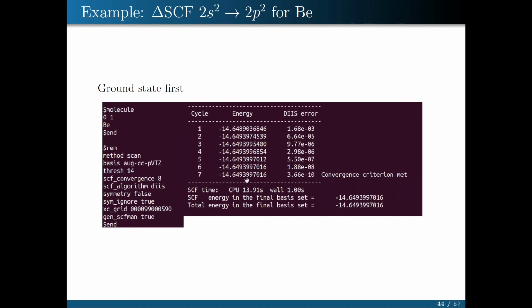with SCAN, converging the ground state with DIIS is pretty simple, 7 steps and done, nothing too sophisticated.